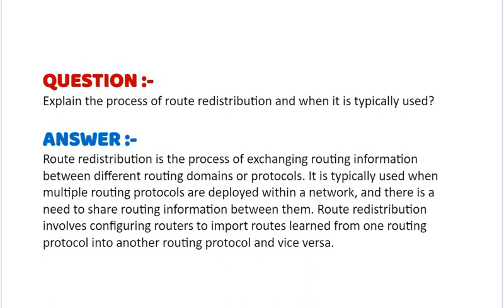It is typically used when multiple routing protocols are deployed within a network, and there is a need to share routing information between them. Route redistribution involves configuring routers to import routes learned from one routing protocol into another routing protocol and vice versa.